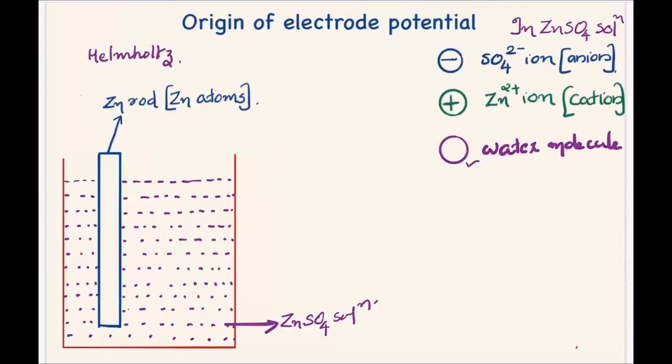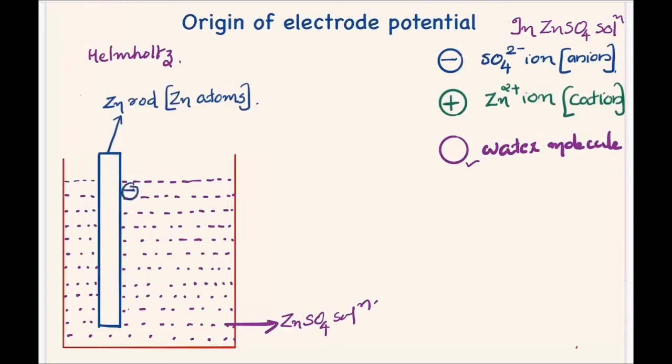That means the very small charge density creation is of positive charge in metals. So all metals have a tendency to absorb negatively charged anions. Zinc sulfate solution contains numerous sulfate anions. Among those sulfate anions, some will move towards the metal rod and get absorbed on the surface.